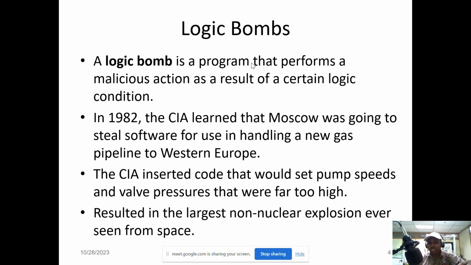So it was just waiting for a certain condition and then triggered, and started to change the settings on the pump speed as well as valve pressures, which resulted in the largest non-nuclear explosion ever seen from space. So just like that, that's how a logic bomb actually operates.